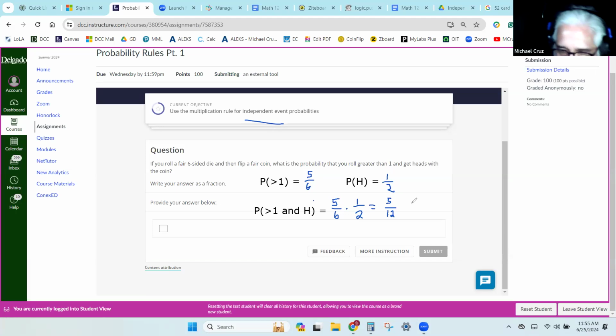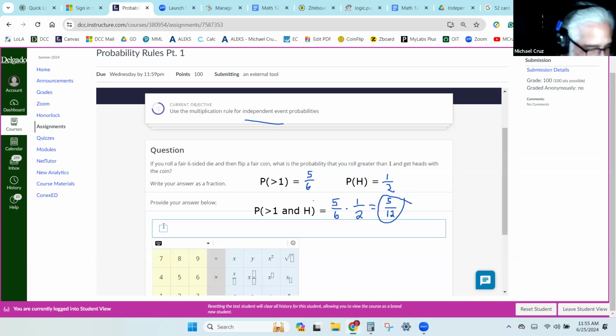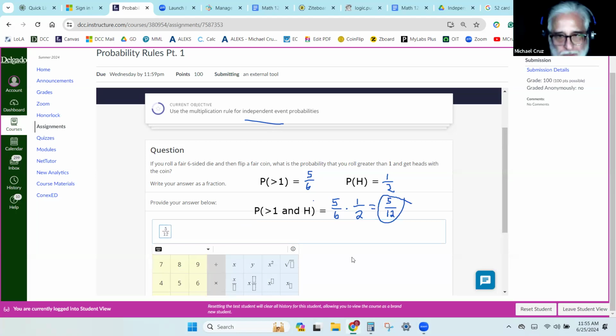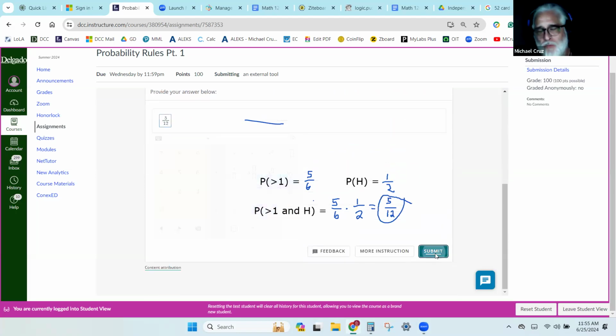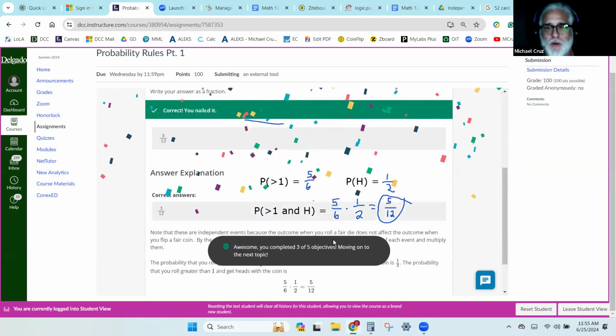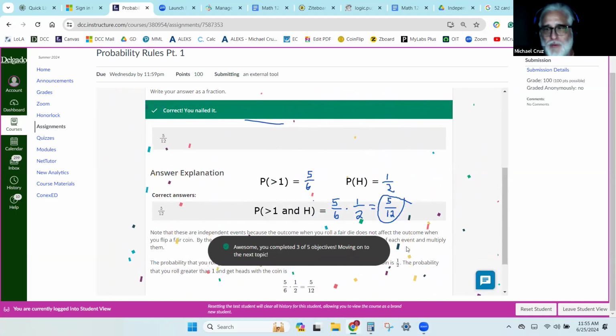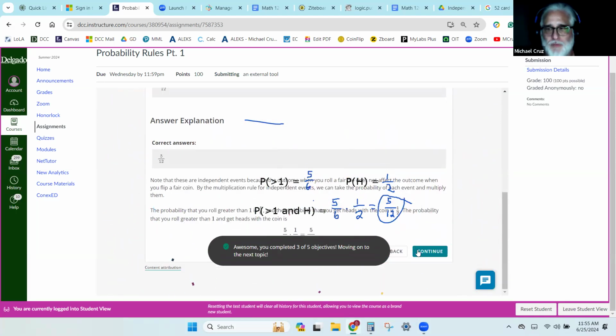In this case, we don't need to simplify it, because that's already simplified. There's nothing common between 5 and 12. All right. Bring on that confetti.